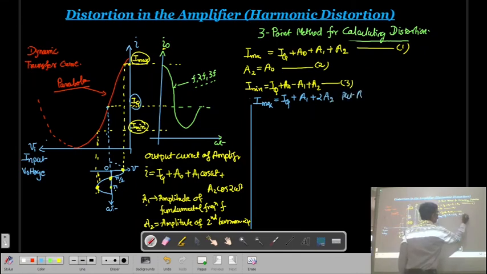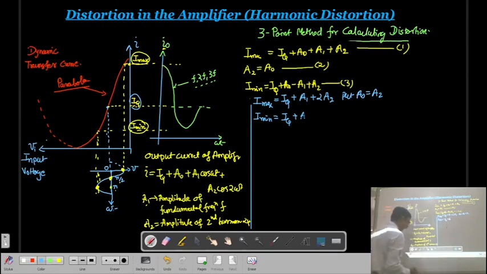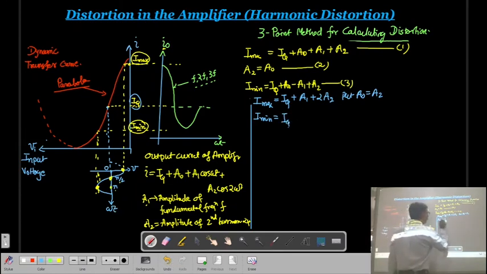Put A0 is equal to A2. Then I minimum will be equal to IQ plus A0. Now instead of A0 we will write A2. So here we have IQ and A0, A2, so 2A2 will be there, minus A1 plus 2A2. So in both cases we put A0 is equal to A2.